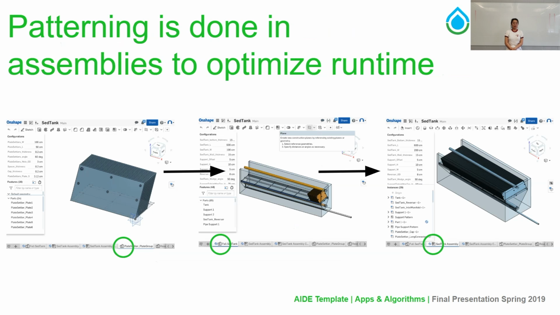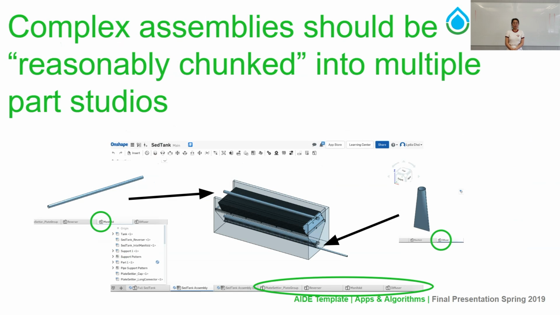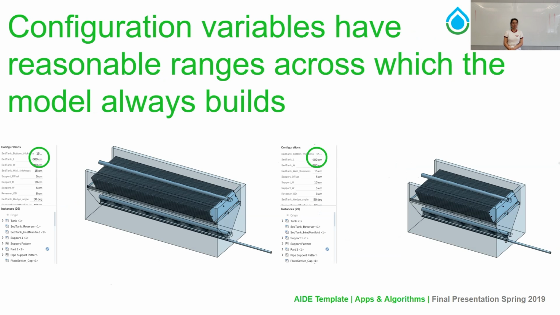And we also made sure that patterning is done in assemblies due to optimize runtime. And along with what we said before, we also chunk the assemblies into different part studios to decrease file size, so we can run Onshape smoother.